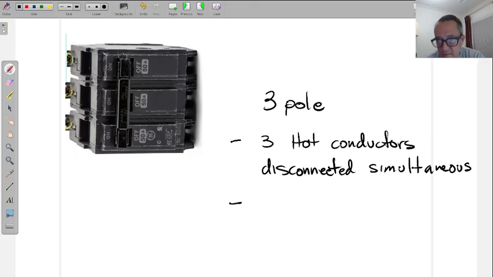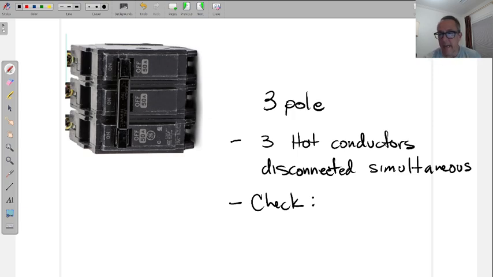And now here's the difference. When we check this one, we're going to do 3 checks. Always on 3-phase, practice checking all 3 phases to each other. Don't just check 2 of them. Don't just check A to B and B to C, and then that's it, walk away.